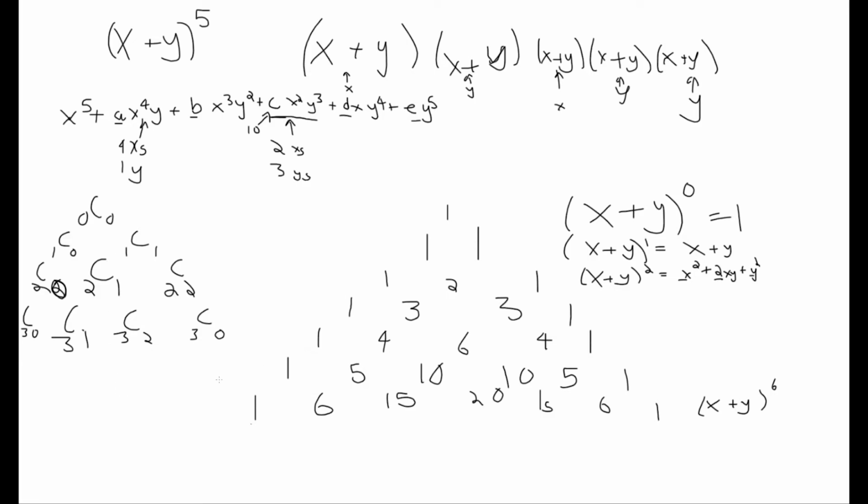All right, so you can see why all of these combinations relate to these. So 0 choose 0 is the same thing as 1. 1 choose 0 and 1 choose 1 is the same thing as 1, 1, and so on, right? They're all equal to the numbers that they correspond to.